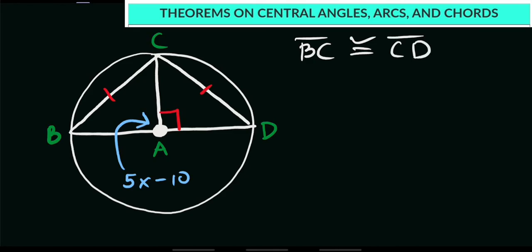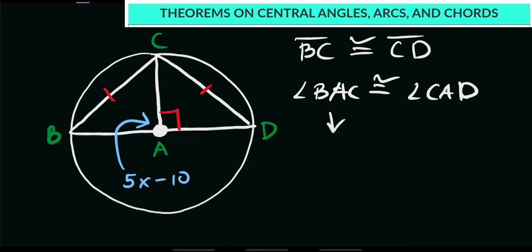They contain the same measurement. Since our central angles are angle BAC, that is our first central angle, and the second one is angle CAD, automatically they contain the same measurement. According to our figure, BAC is equal to 5x minus 10.